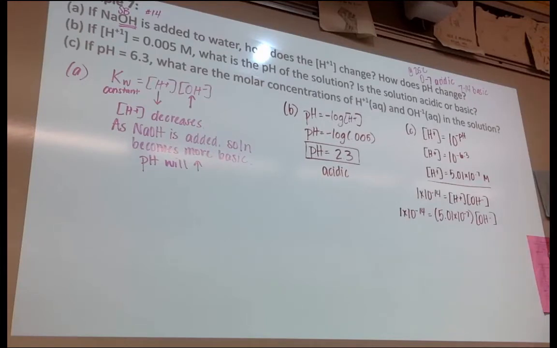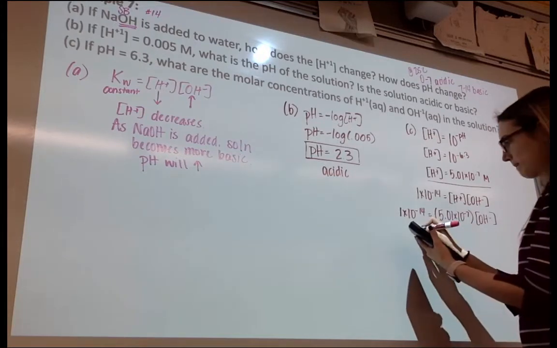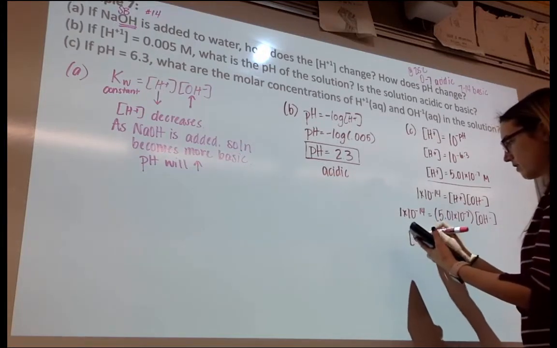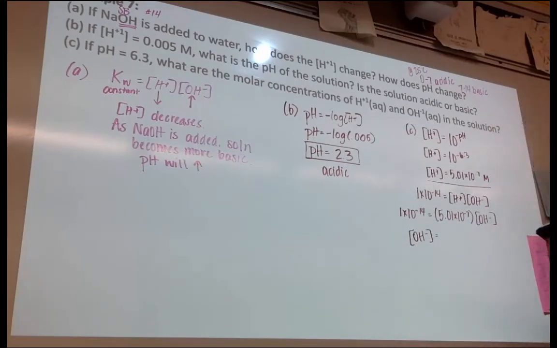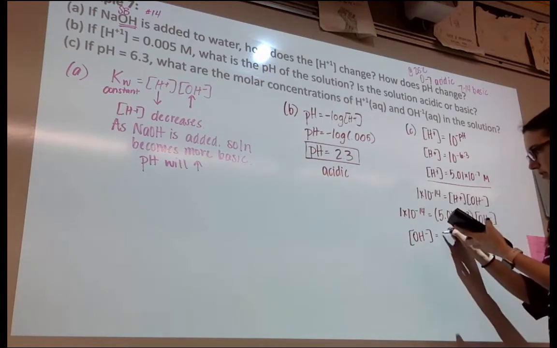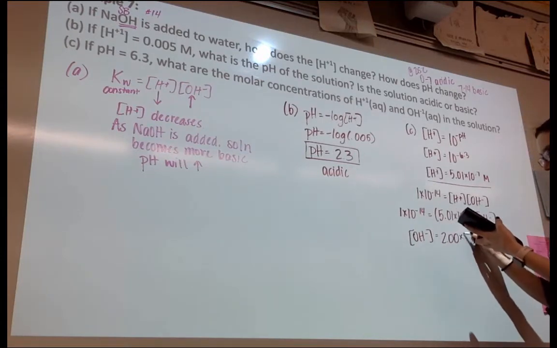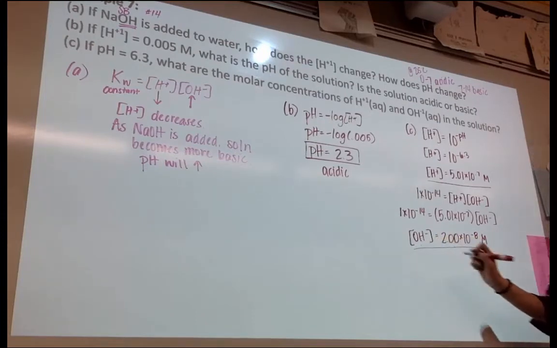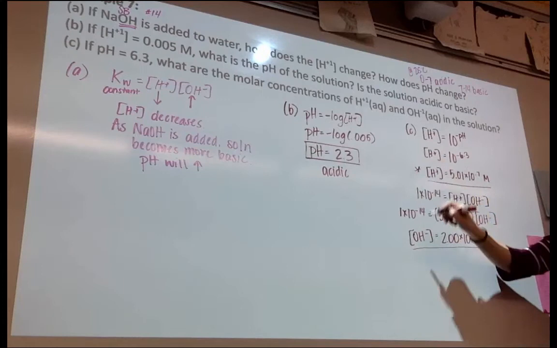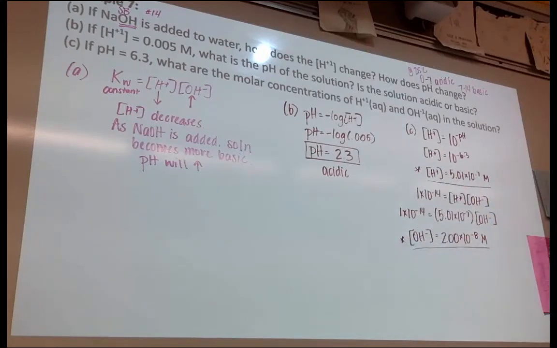So 1 e negative 14 divided by 5.01 e negative 7. The OH minus concentration, when we round, is 2.00 times 10 to the negative 8th molar. So there's our two answers, H plus, OH minus.